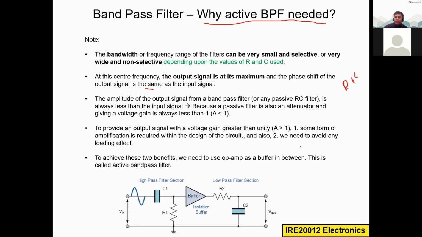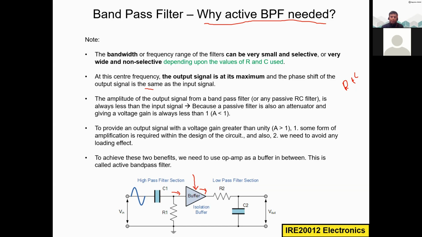The other advantage is you can also avoid the loading effect. I mentioned the loading effect already when we talked about the operational amplifier. The operational amplifier can be used as a buffer or voltage follower that can isolate two different circuits. It takes the output of one circuit and gives it as an input to the next circuit. Now this is the output of this high pass filter, which we give as an input to this operational amplifier.